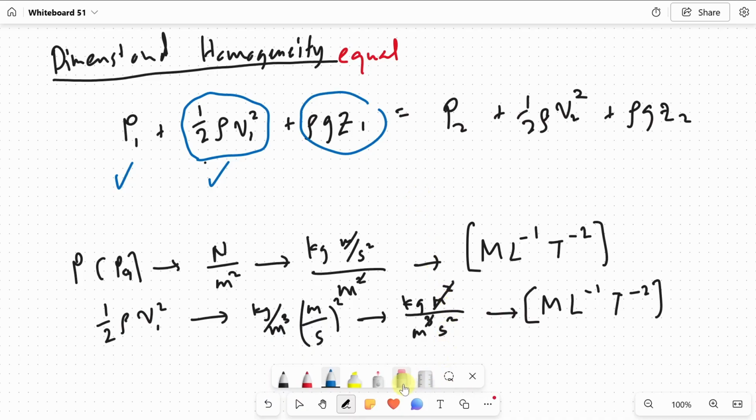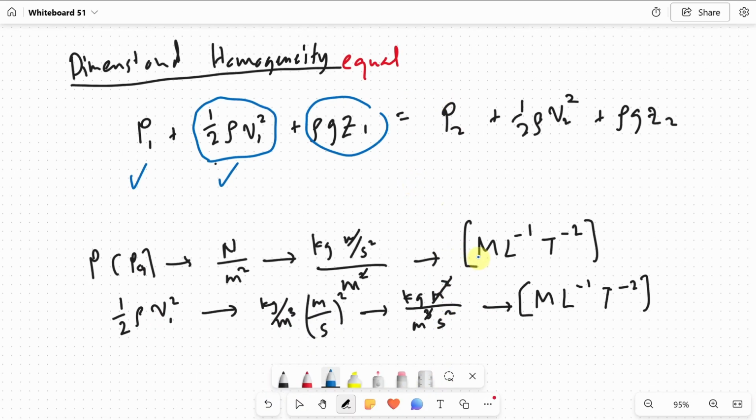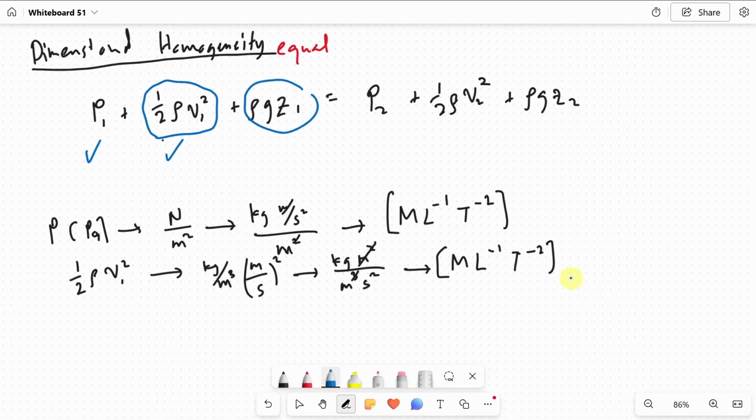All right, and then let's take a look at the third term. So this is rho g z1. Z is length. Rho is kilogram per meter cube, density. Gravity is acceleration, so meter per second squared. And Z is length, its unit is meter.